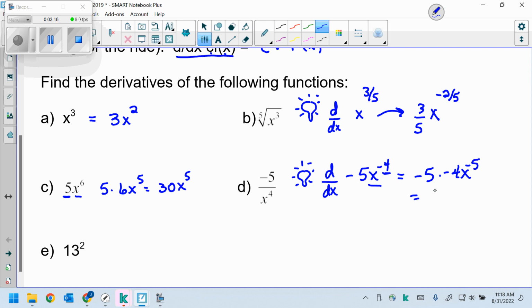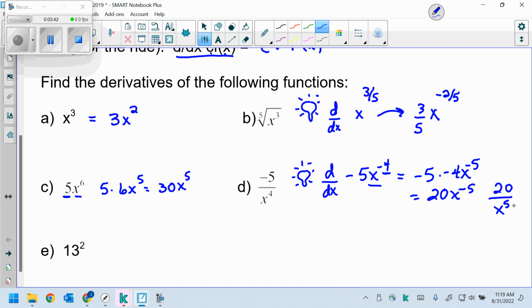And we're going to get a positive 20 x to the -5. And I'm going to be fine with that if you write it like that. If you also write it as 20 over x to the 5th, where that exponent is now a positive 5, because you don't like negative exponents and it's been drilled into your head not to use them, well, that's fine. But I'll accept either one.